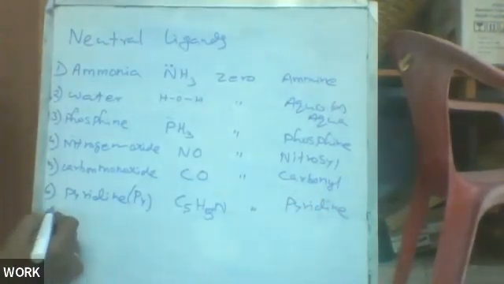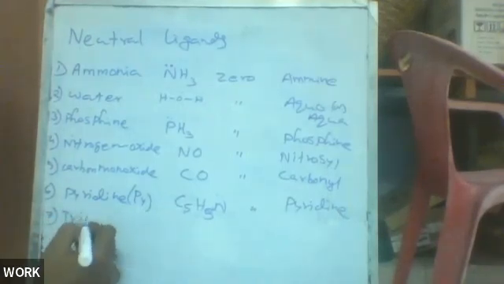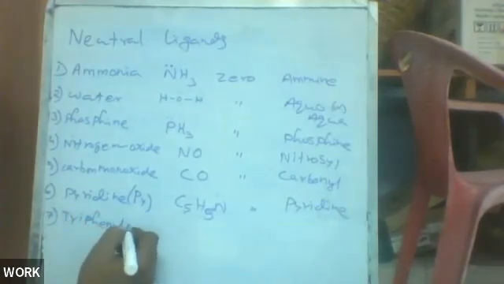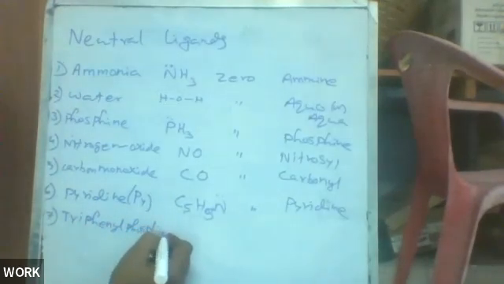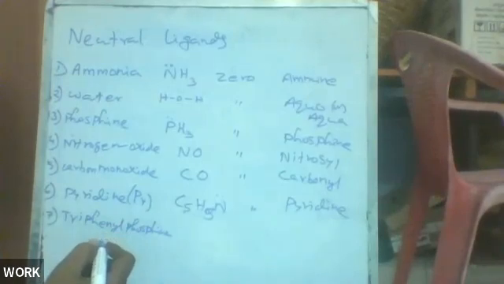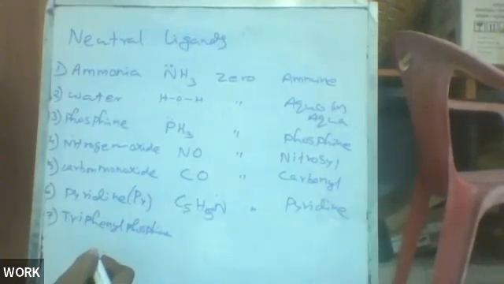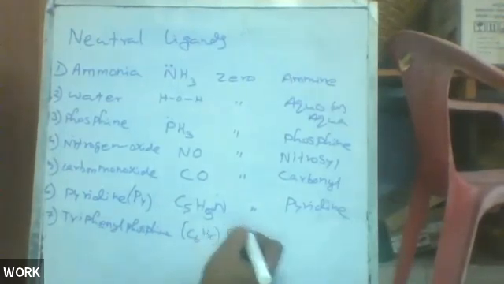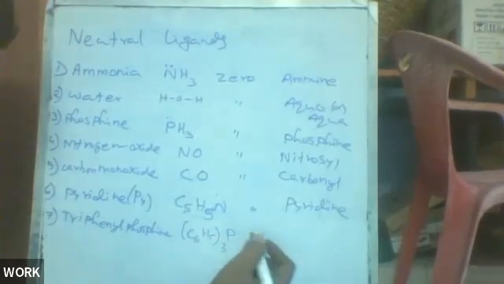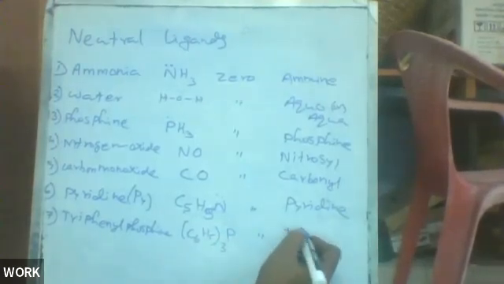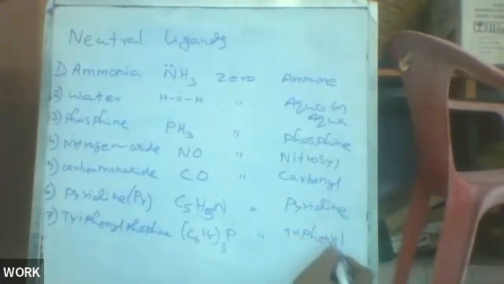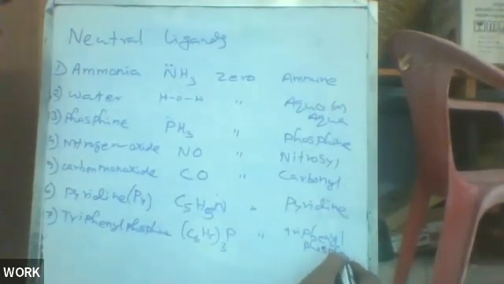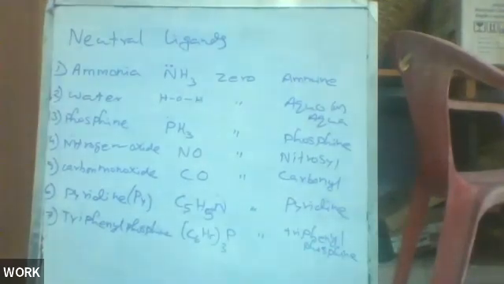And then triphenylphosphine, (C6H5)3P. Zero. So same name, triphenylphosphine. This name is coming for your monodentate neutral ligands.